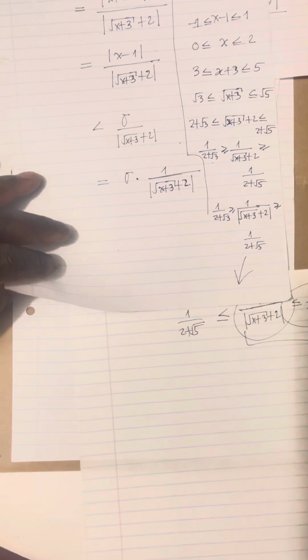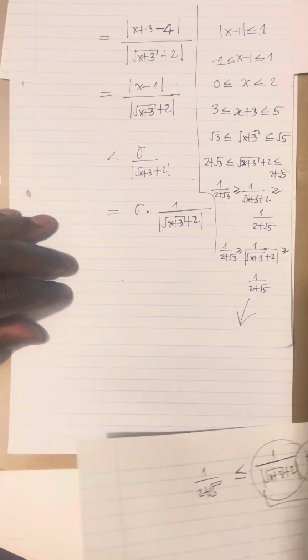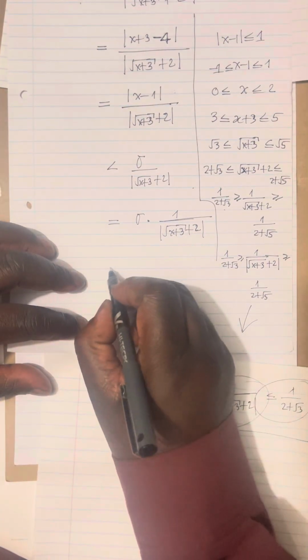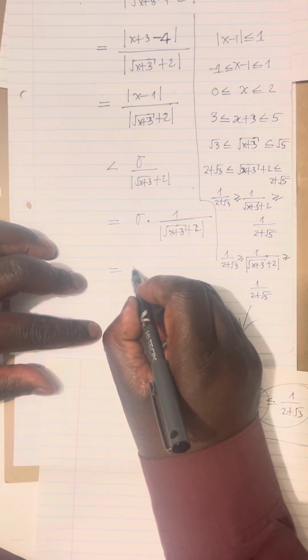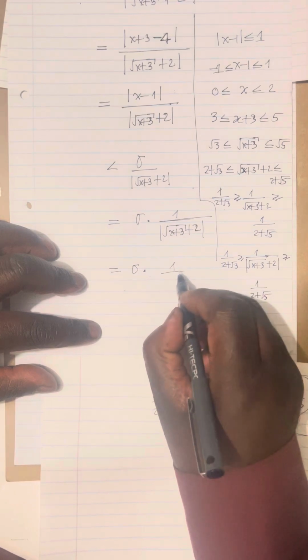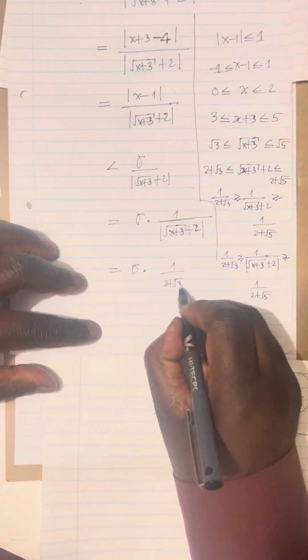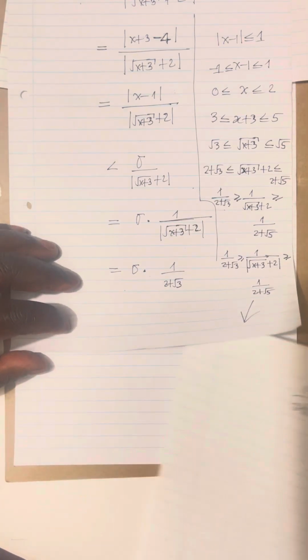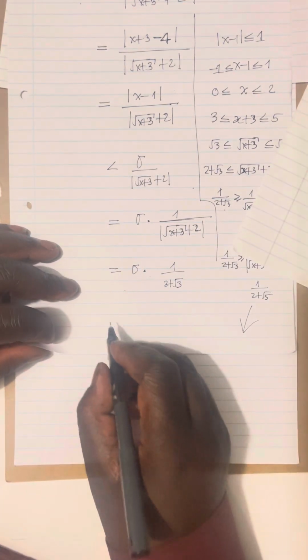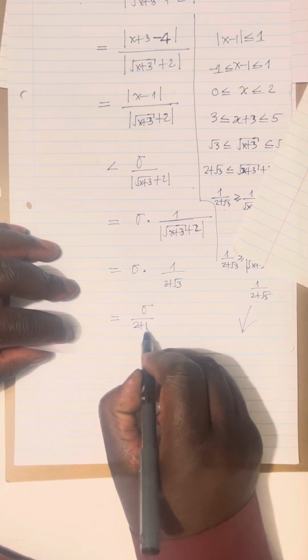So what do I have now? It means that this is exactly equal to delta times 1 over 2 plus root 3, which simplifies to delta over 2 plus root 3.